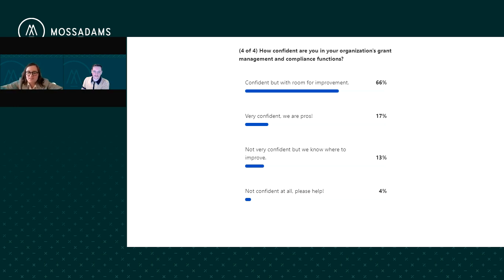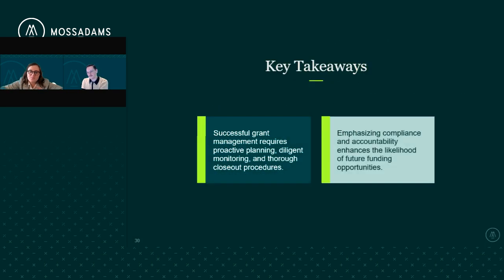There are different elements of risk assessments, first being the pre-award risk assessments that are required, but then also risk assessments that are taking into consideration whether or not the funding source is federal, is it state, is it private funding, what is the experience of the team members working on the grant?